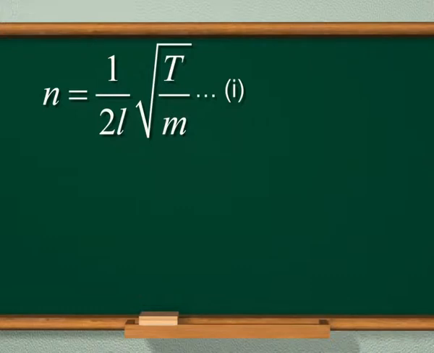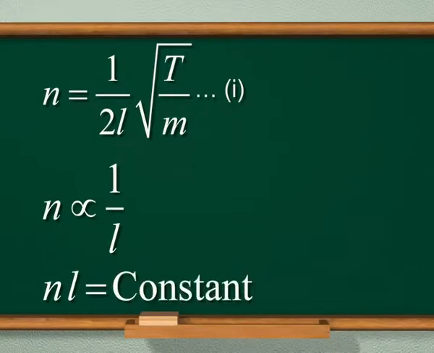Now, for a given string of a fixed mass M, which may be stretched under the given load T, we can write n is proportional to 1 by L, which simply means that n into L is a constant.